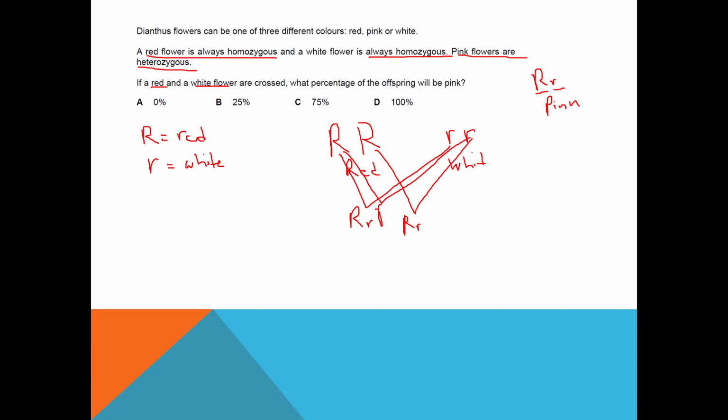We have R, and then the last one we have R. As we can see, all four of them are pink ones, because all four of them have a dominant allele and a recessive allele. So obviously our answer will be D. 100% of the offspring will be pink. None of the offspring will have just the red color or just the white color. All of them will have a pink color.